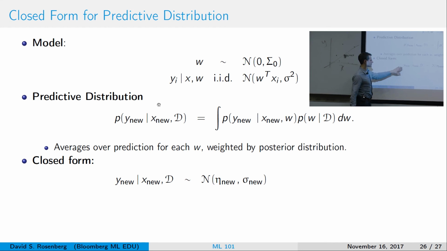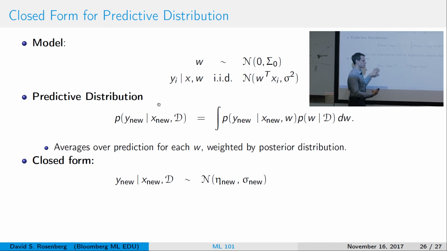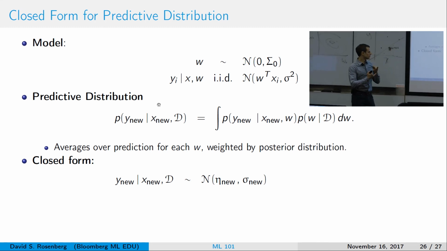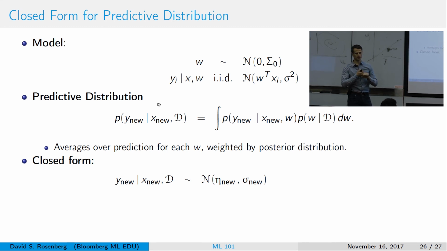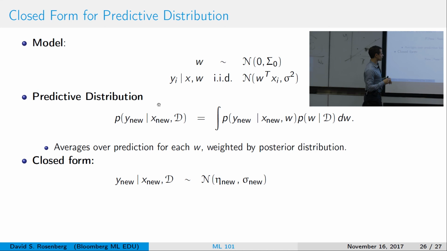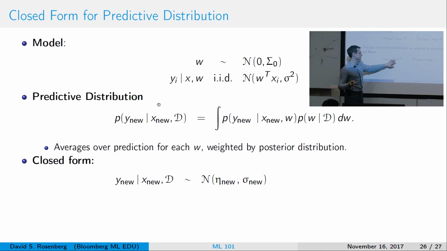It looks like this. For a new data point x, what's the distribution on y? Again, it's Gaussian with a particular mean and variance. Sigma nu should be what type of object? Just to make sure we're in the right space. Scalar or matrix? Scalar, because let's assume x nu is a single input.